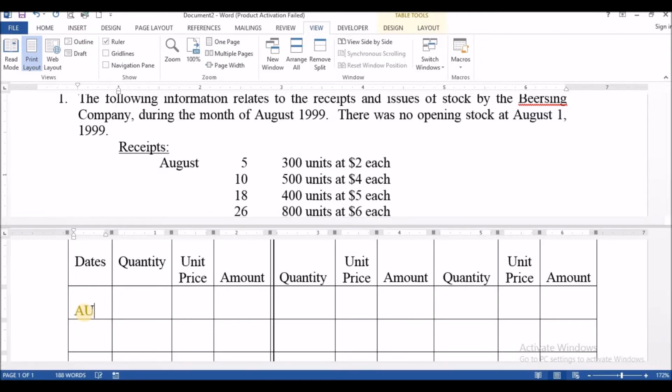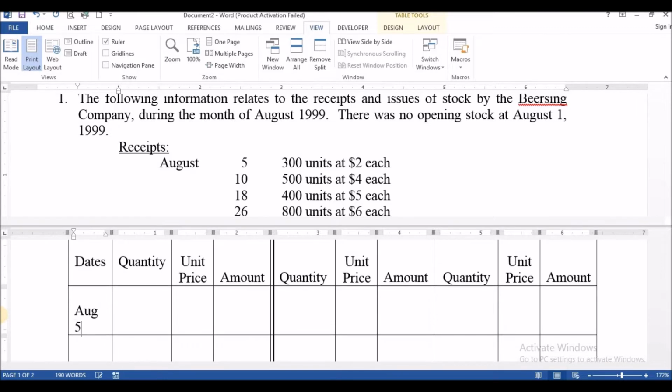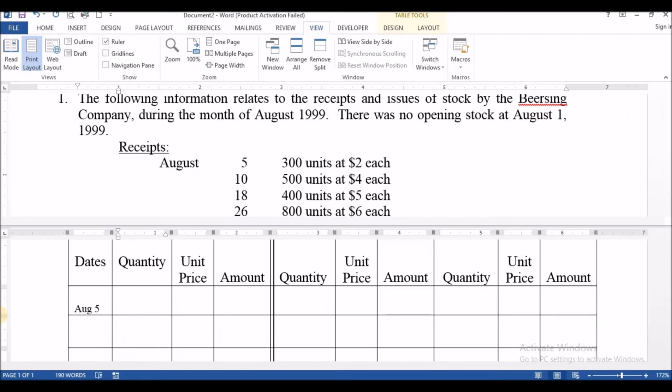Alright, so we're going to put August 5th. August 5th we purchased 300 units. So 300, we don't need to put units, at $2 each. 2 times 300, that's 600.